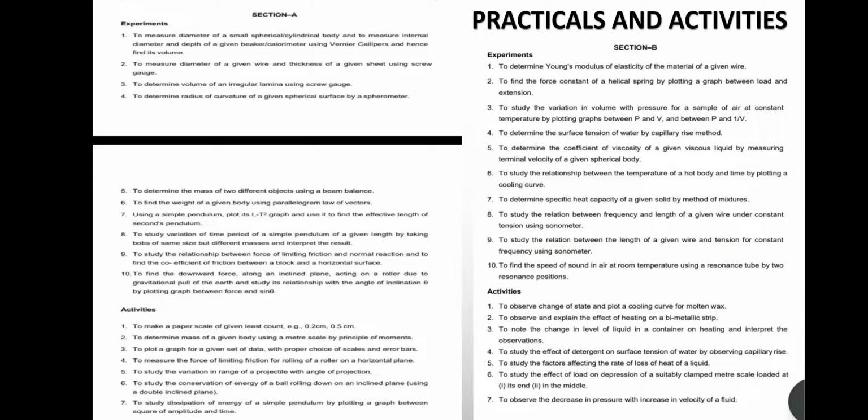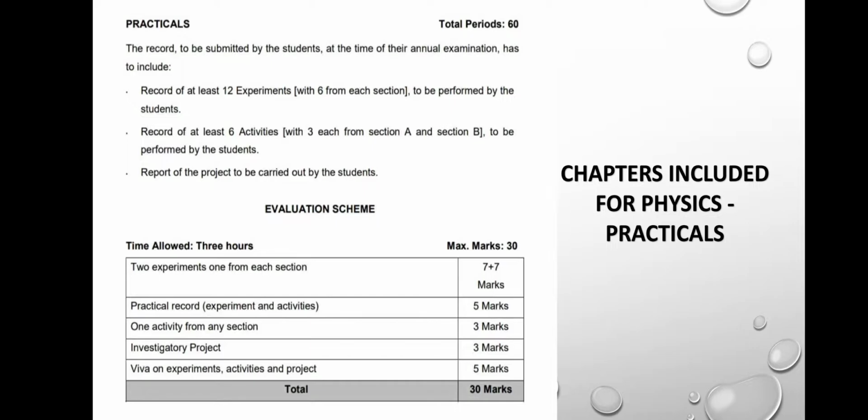Thereby we have section A practicals and section B practicals, that is experiments, which we are going to carry forward very shortly, and also you will be having activities. About all of this I'll just brief you. We have to write at least 12 to 15 experiments and 6 to 8 activities, and also a project report has to be carried out by all.